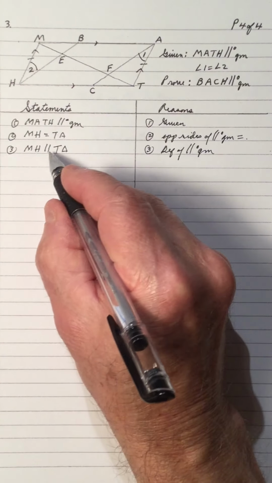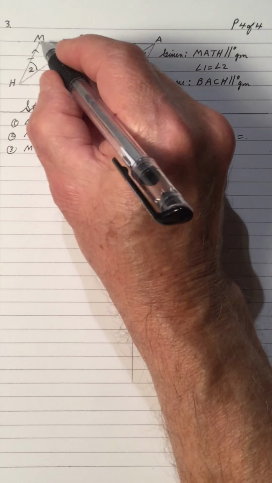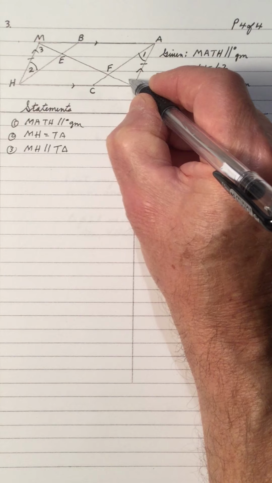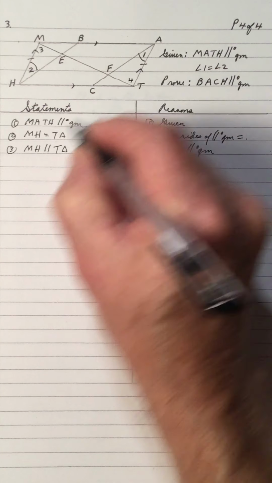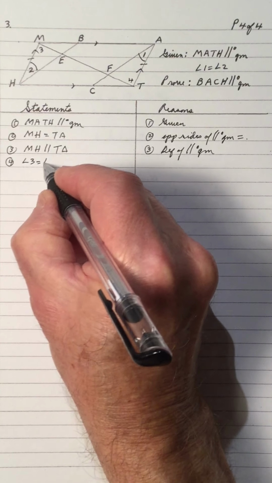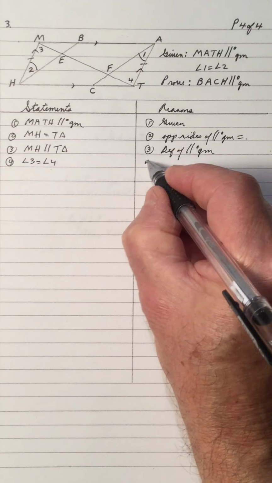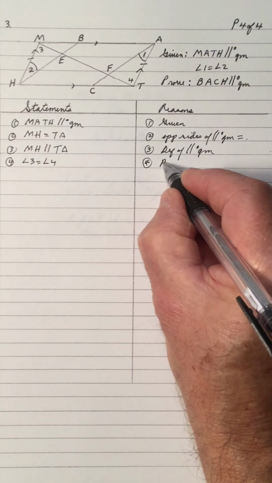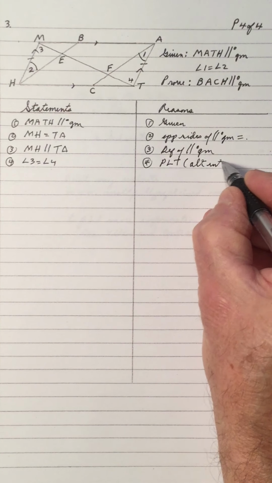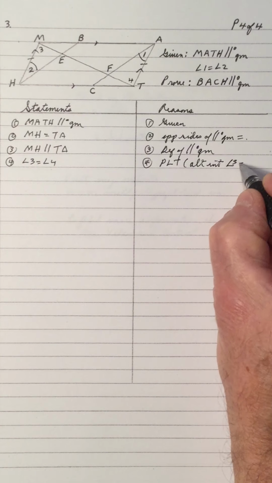And because these are parallel, I'm going to put 3 and 4 right here. Then angle 3 is equal to angle 4, and that's because of the PLT, alternate interior angles are equal.